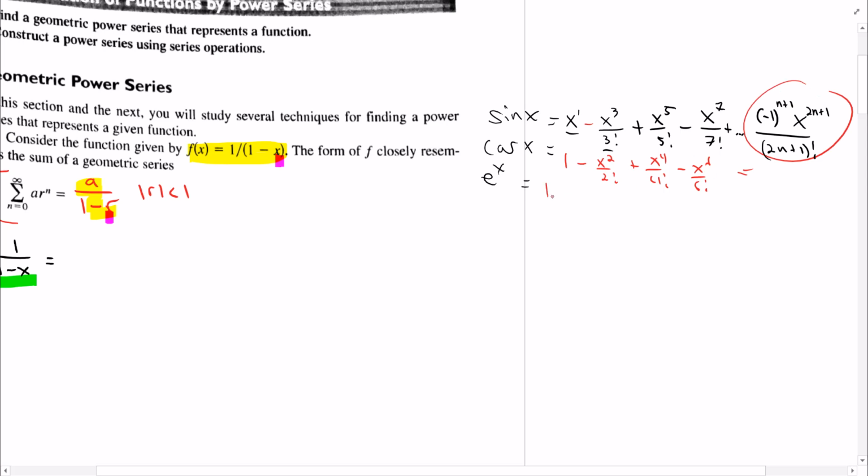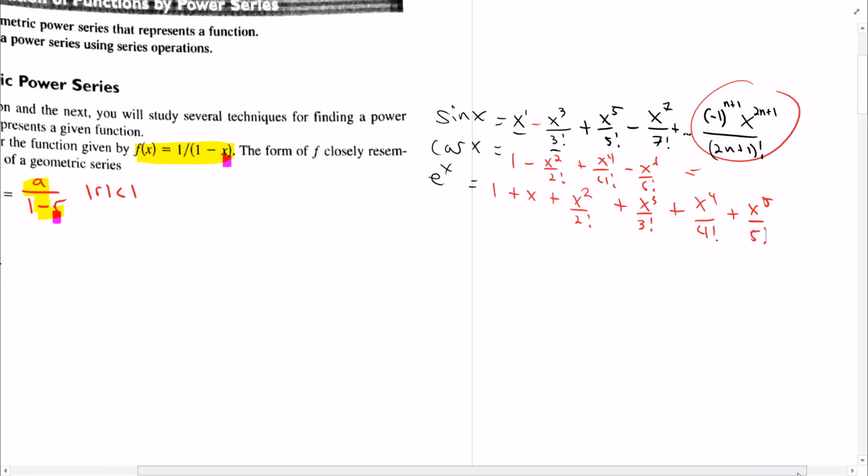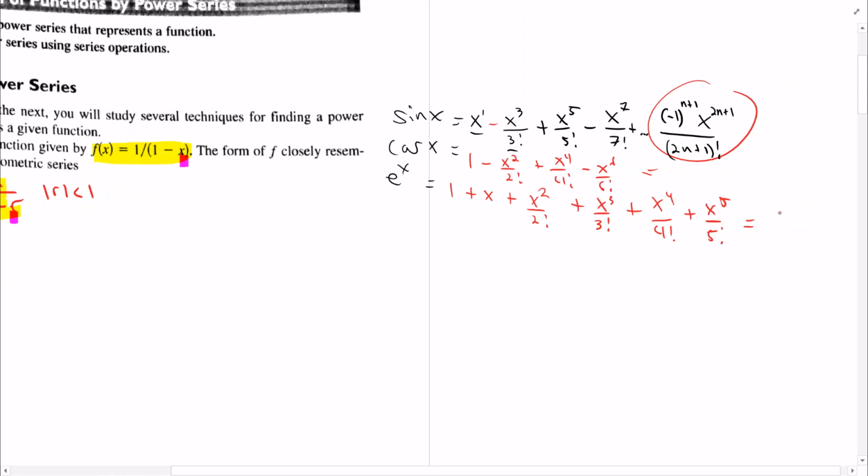E was just basically, you get all the terms in there, and it's never negative, right? It's just simply all of them together. You can just keep going, and it actually is the easiest one to write the formula for, right? It's just simply x to the n over n factorial is what e to the x is, okay?